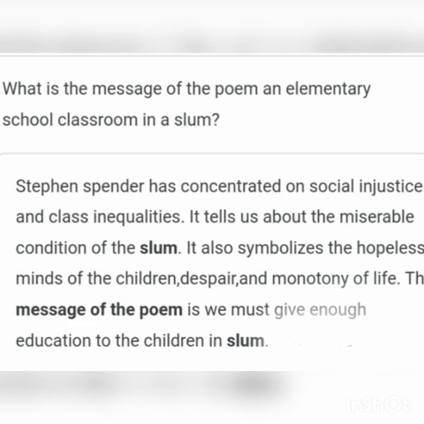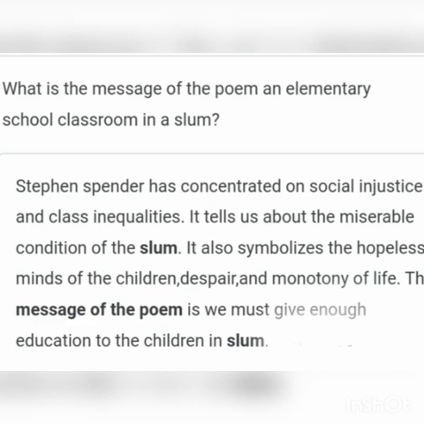Now, what is the message? Stephen Spender has concentrated on social injustice and class inequality. It tells us about the miserable condition of the slum. It also symbolizes the hopeless minds of the children, despair, and monotony of life. The message of the poem is we must give enough education to the children in slums.